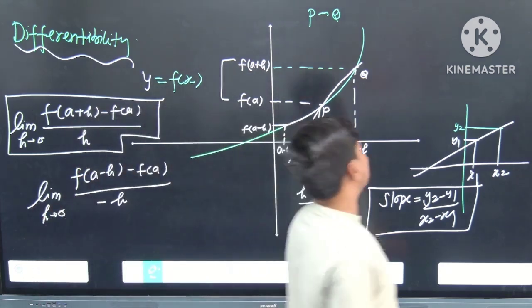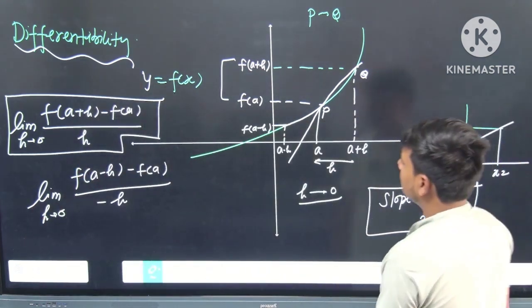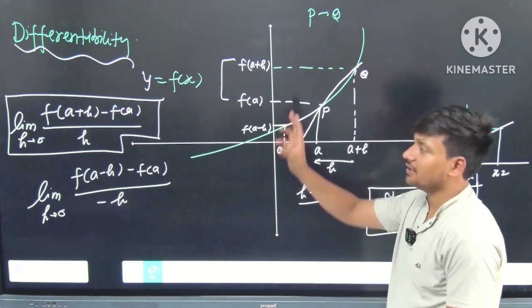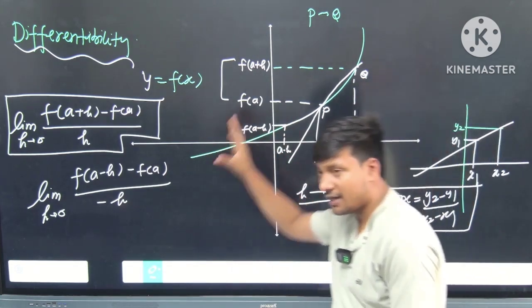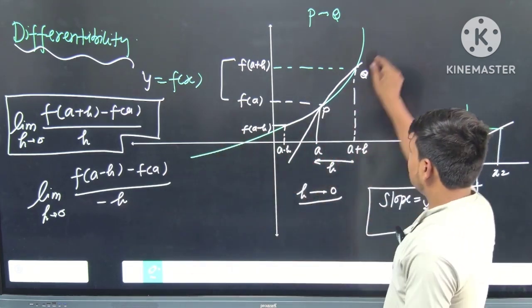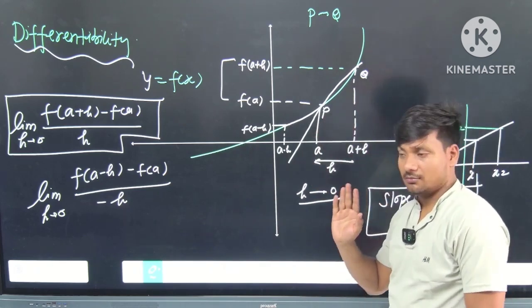If these two limits exist and are equal, then this tangent line will be unique. Why unique?